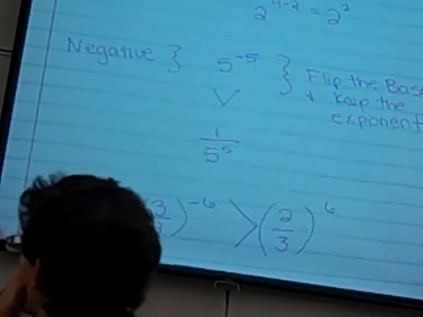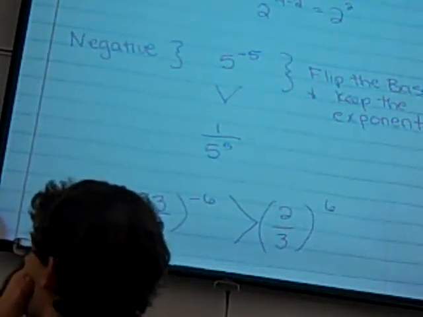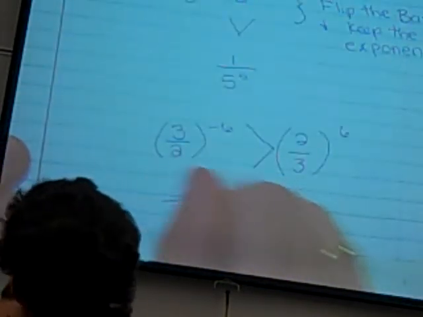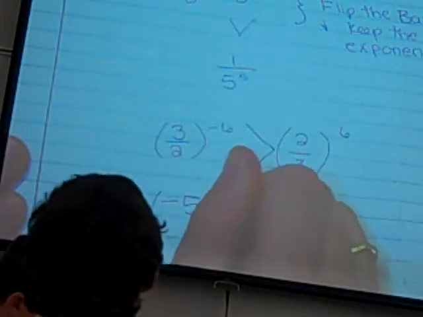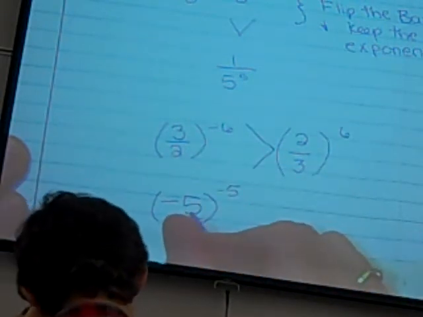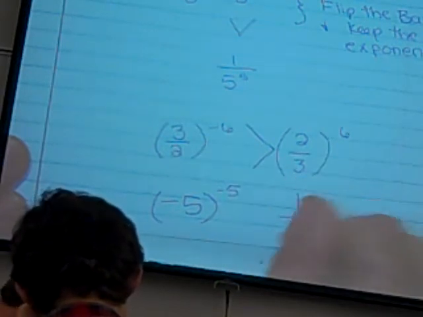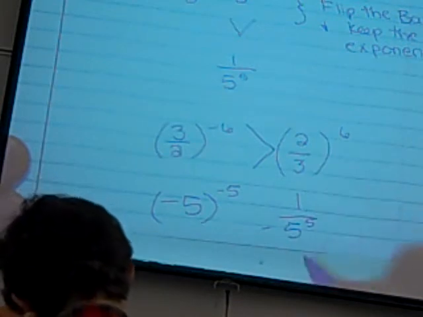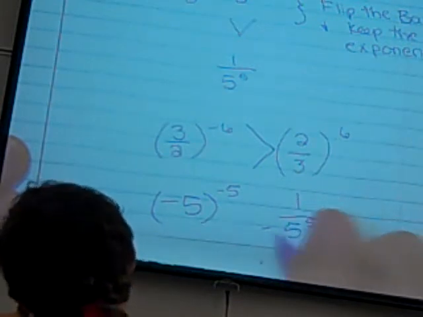What do you do if there's a negative in front of the big 5? So if this was negative 5 to the negative 5th, I'm going to still flip this part right here. So now I'm going to have 1 over negative 5, keep the exponent, so I would have 1 over negative 5 to the 5th.